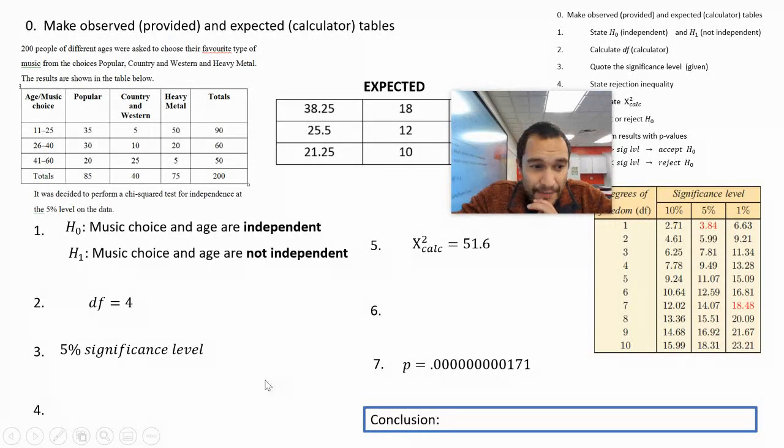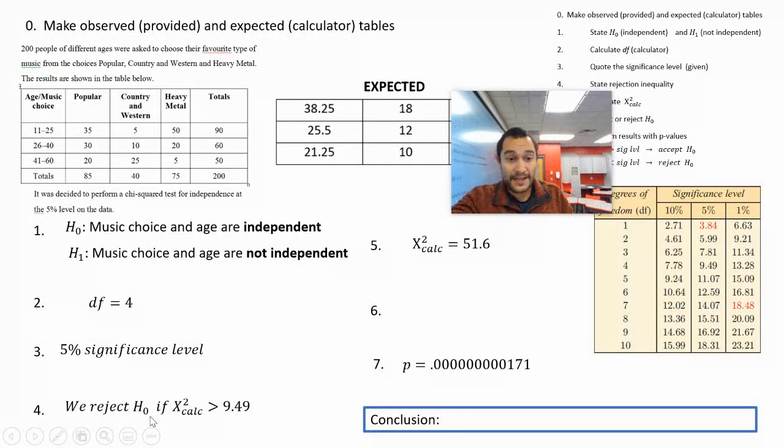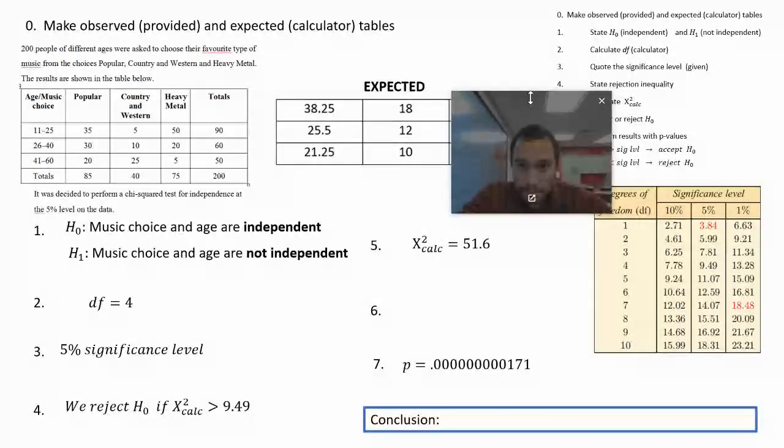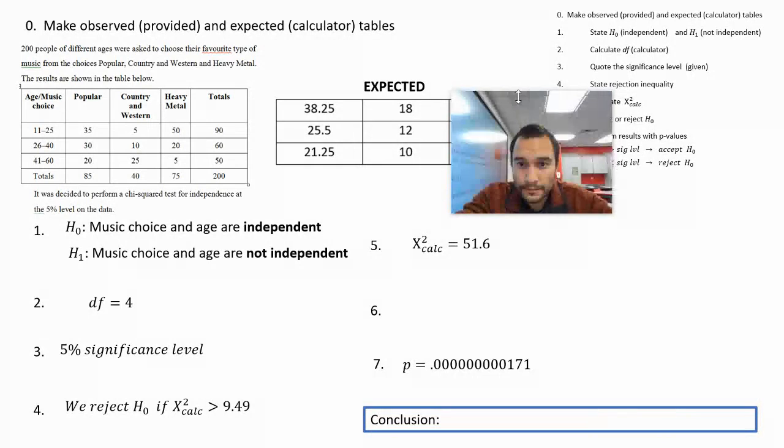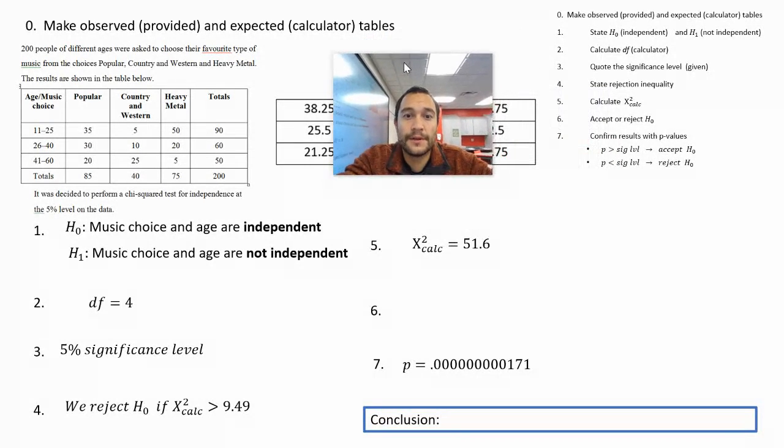So step 4 is state the rejection inequality. We reject H sub 0 if chi-square calc is greater than. The left side always stays the same. It's always: we reject H sub 0 if chi-square calc is greater than blank. The blank comes from this table, the 9.49. We don't need the expected table anymore.